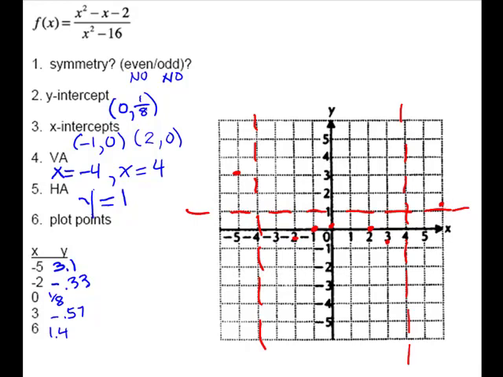So now they are going to go toward the asymptotes. So this one will go this way and this way. In this section, you're going to go toward this asymptote and this way. And this section is going to go this way and this way.